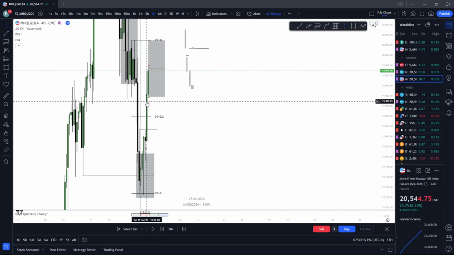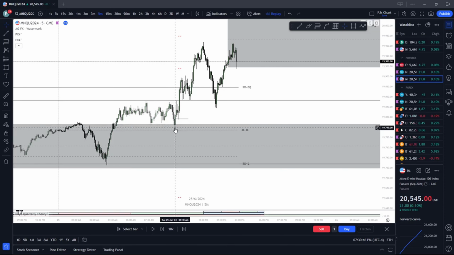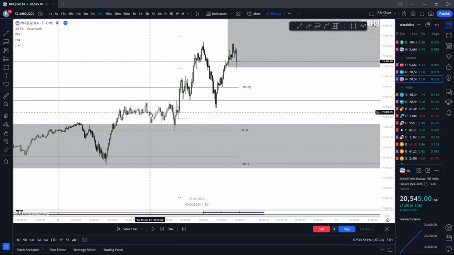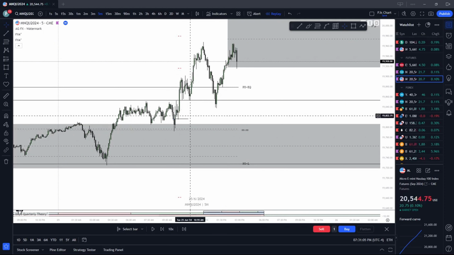So here at 9:30 we get our manipulation lower for our New York Judas Open, and we had no news during 8:30. But you saw in the other example when it was at 8:30 and we had PPI, and then we saw it liquidate that low, it manipulated a lot lower and then distributed higher.